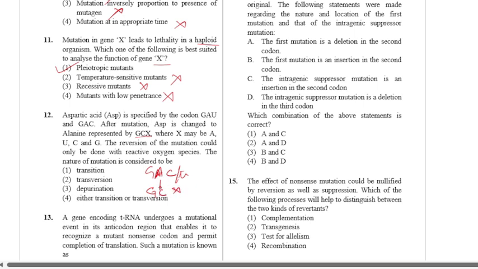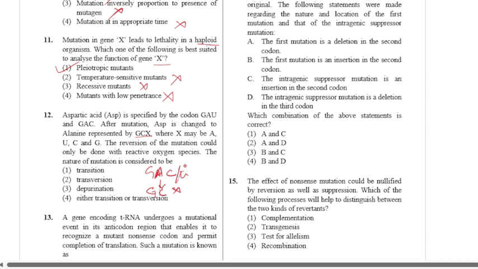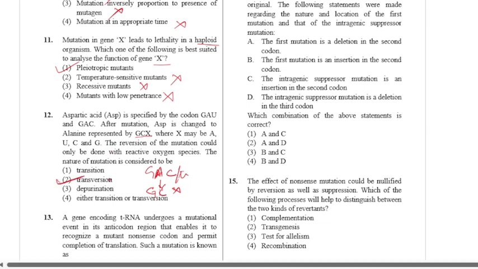So it is an A to C mutation, purine to pyrimidine, and purine to pyrimidine mutation is known as transversion. So this is a transversion.